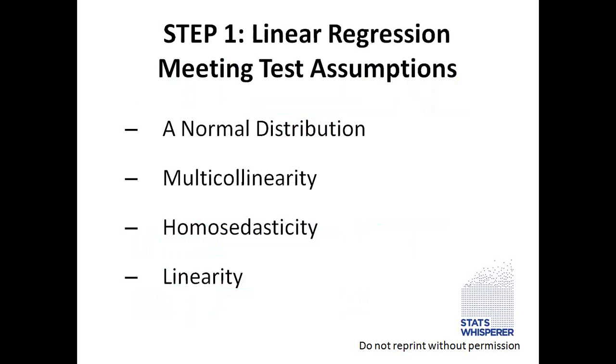So let's approach now the actual doing. So we've conceptualized a little bit, right? So now we want to actually do something. And since our first task was to do a linear regression, that's what we'll do first. Now the first step in a linear regression is examining test assumptions.